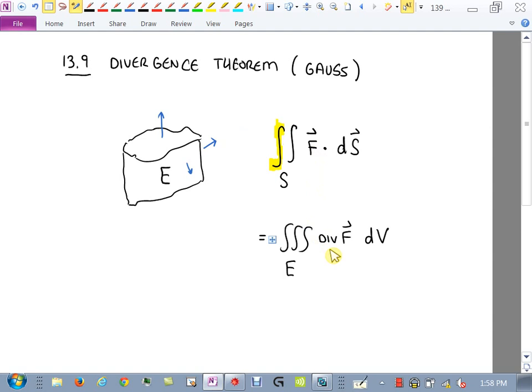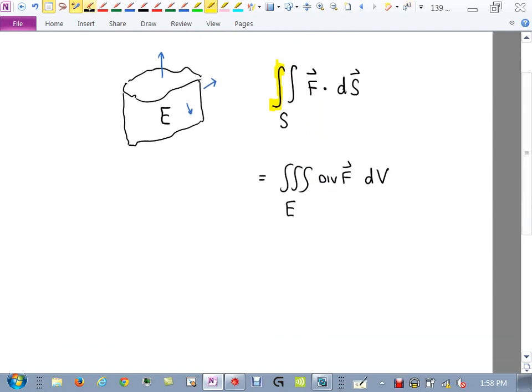Now, what was the div? Do you remember what div of F is? Div F is equal to del dot F. Del was the partials, right?